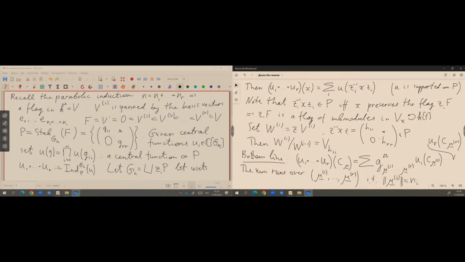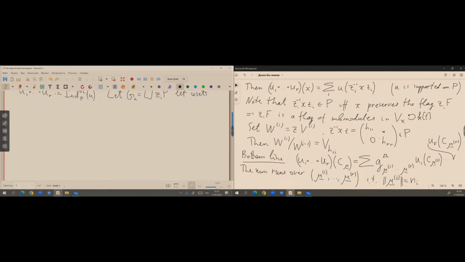Okay. And the structure constants g of mu1 through mur is the number of flags 0, W1, through Wr.